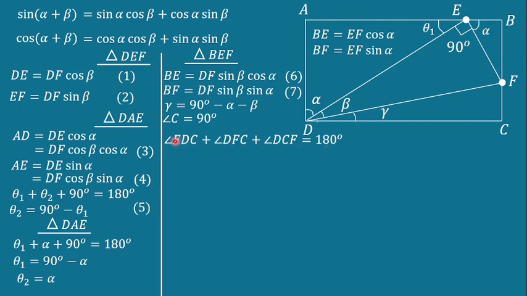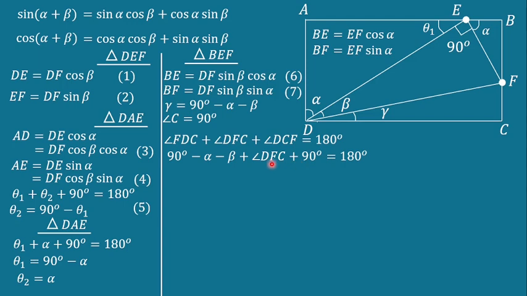And if I put the values, angle FDC is gamma, and gamma is equal to 90 degrees minus alpha minus beta, and angle DCF is in fact 90 degrees, which is angle C. So I put these two values in this position and can find the value of the angle at F. So 90 degrees plus 90 degrees is 180 degrees, and taking that 180 degrees to this side would cancel with this 180 degrees.